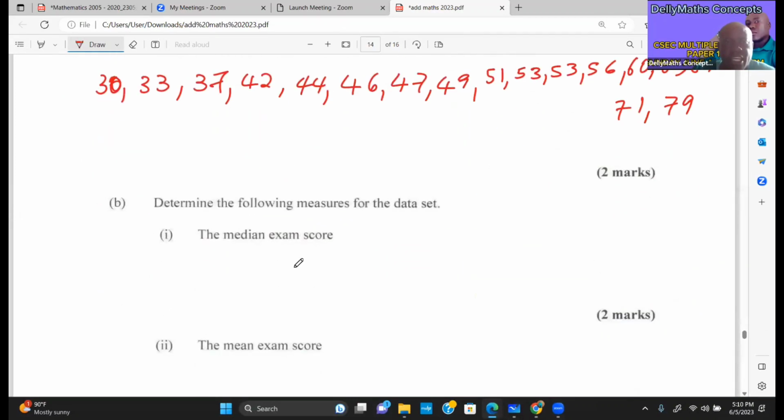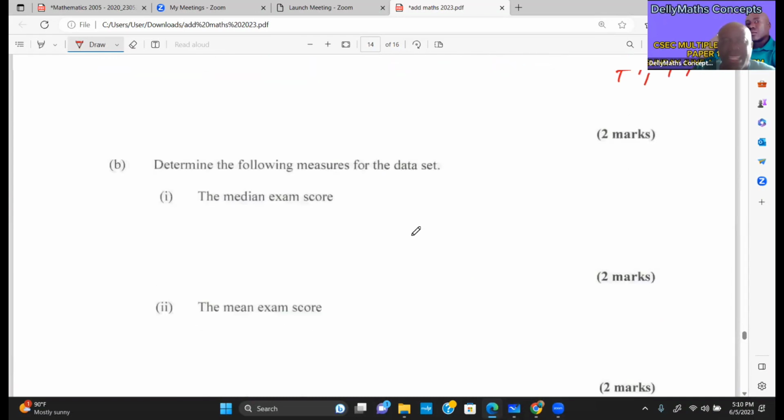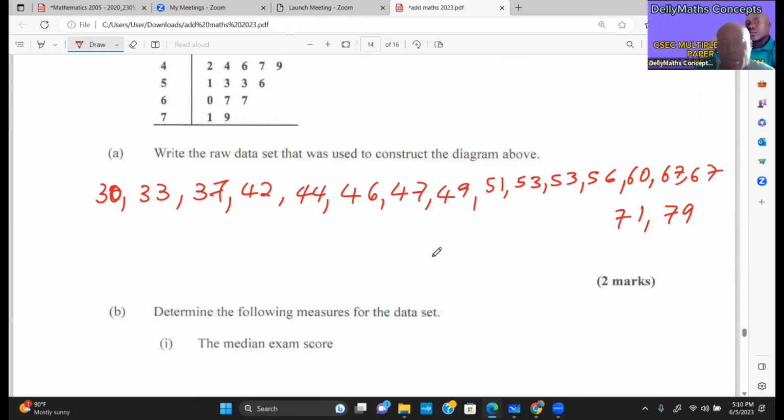The B part says, determine the following measures for the data set. The median. The median is the middle term. There are 17 things here that I line up in order. So if I have 17 terms, I'll have 8 on one side, 8 on the other. The 9th term will be in the middle.